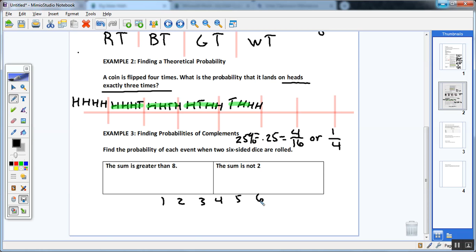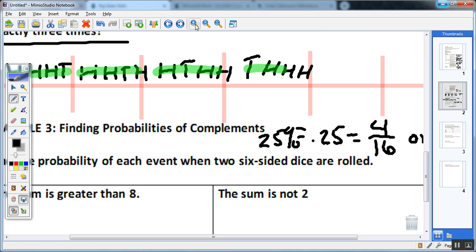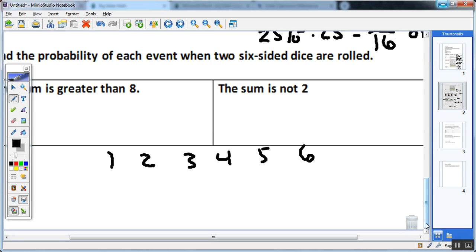Let me blow this up here quick. Over here on the side, if you can squeeze it in here, go 1, 2, 3, 4, 5, 6, like that.